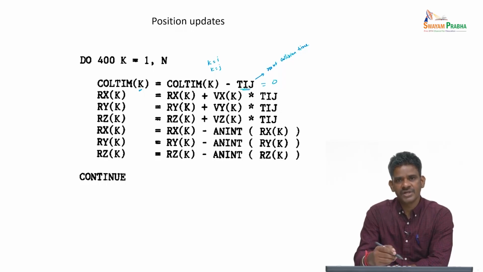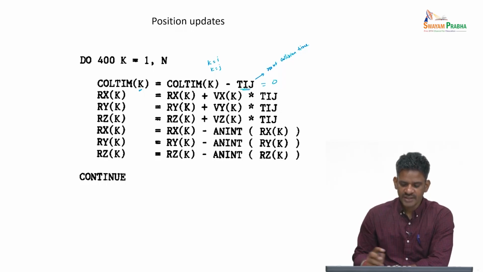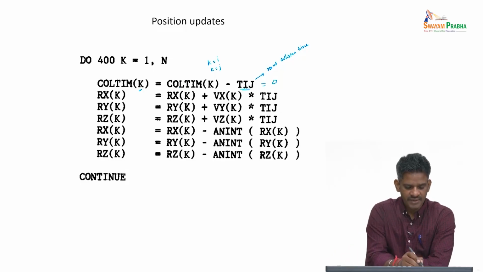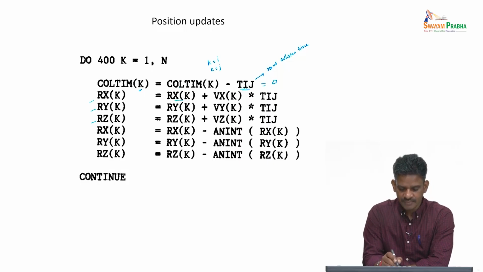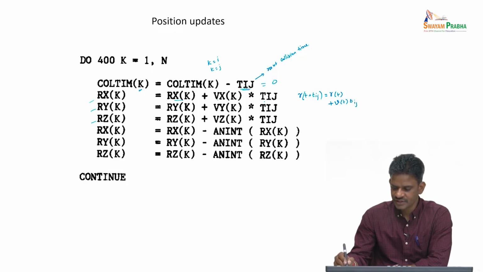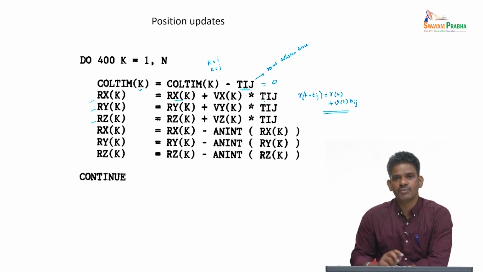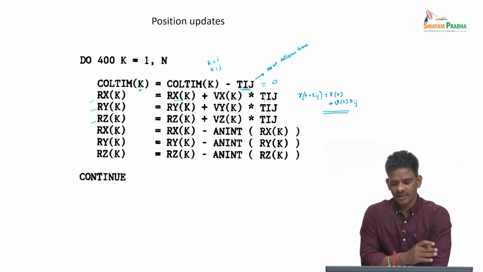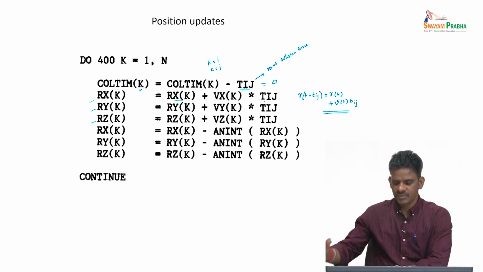So we subtract Tij from the collision times of all the pairs, and then we update the position of the kth particle: the current position plus the respective velocity times Tij. This updates the position at time t plus Tij as the position at t plus the velocity at time t times Tij, because this is force-free motion at constant velocity from time t to t plus Tij.